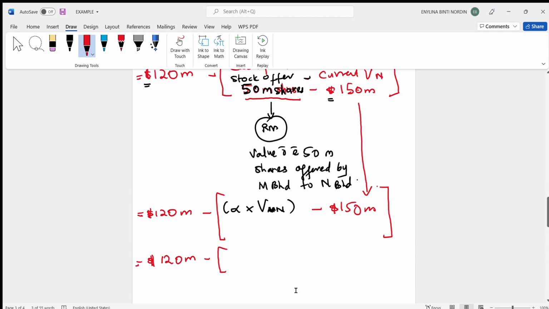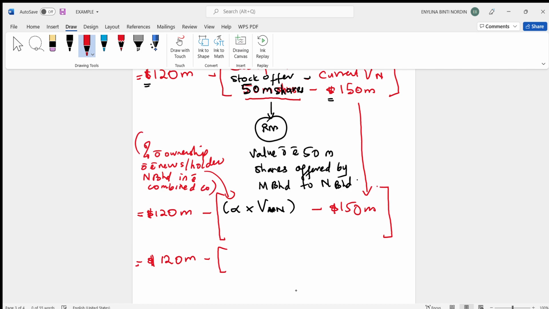That means this is the percentage of ownership of the new shareholders, and these shareholders come from N Berhad, in the combined firm. Maknanya company yang baru. Combined company.